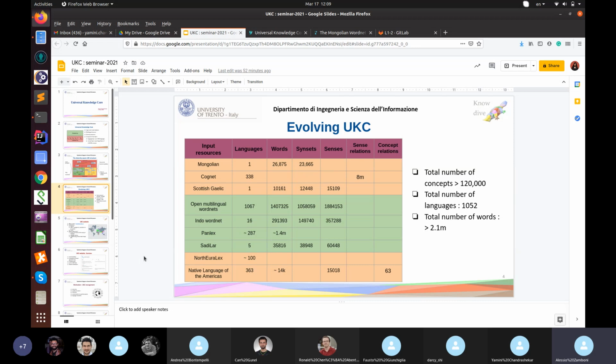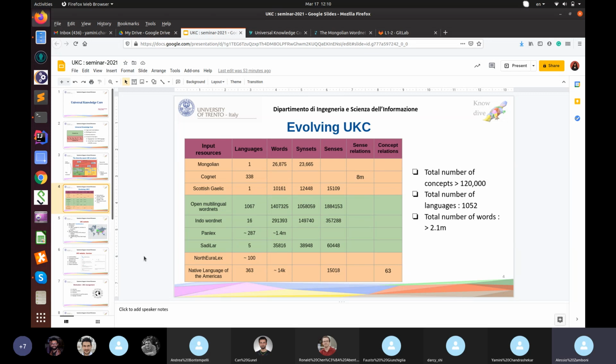No, there's a huge overlap of the languages, because the languages that we get from the Open Multilingual WordNet and the Panlex are very similar, and thereby for now we are able to combine the lexical components from both resources. For instance, we import the Open Multilingual WordNet for a certain language and then add the other lexical information for that particular language from the Panlex resource as well. So yes, there is an overlap.